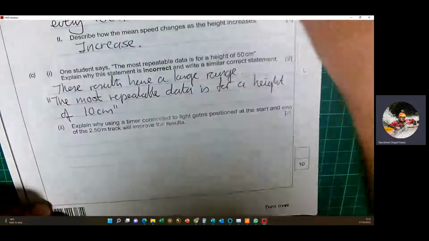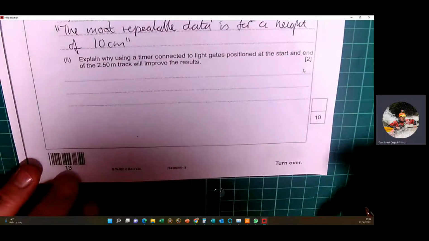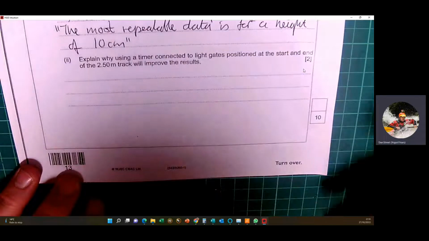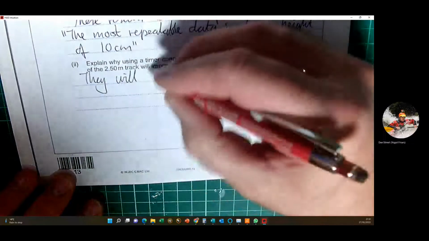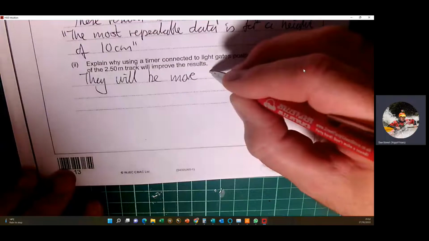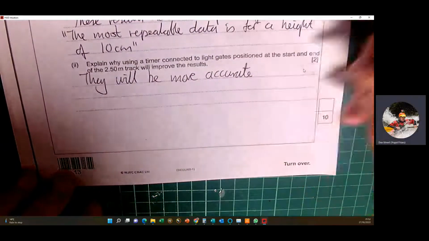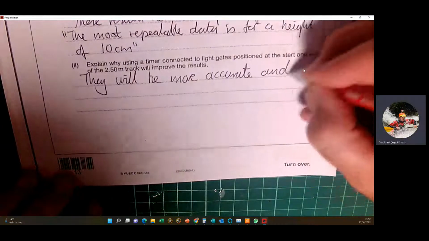And then finally, explain why using a timer connected to light gates positioned at the start and end of the 2.5 meter track will improve the results. Okay, so they will be more accurate and precise.